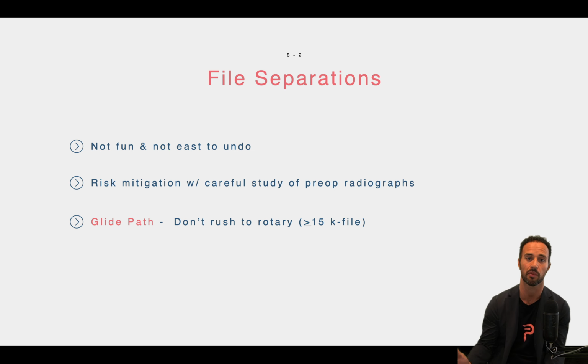It shouldn't be 50% of your cases, right? So if that's the case, you need to really consider going back to the basics and definitely being more careful with your glide path preparation, which, as you already know, is creation of a smooth, reproducible path for your rotary files. I recommend opening up to at least a size 15 hand file before introducing your rotary files.